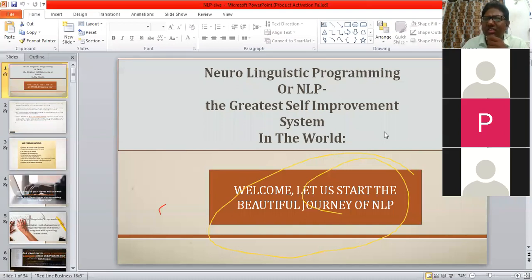What are the different values which are programmed in us, which are in the system, that is in the emotional component? What are the different types of values we have? You can put it in the chat box.